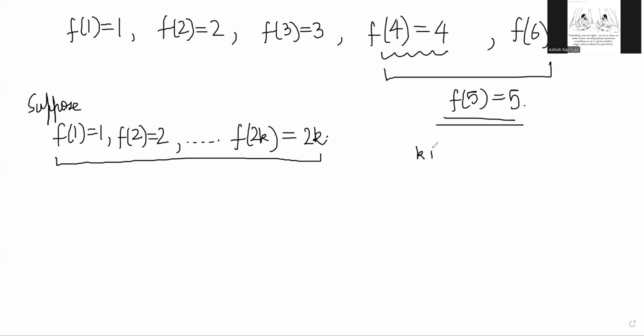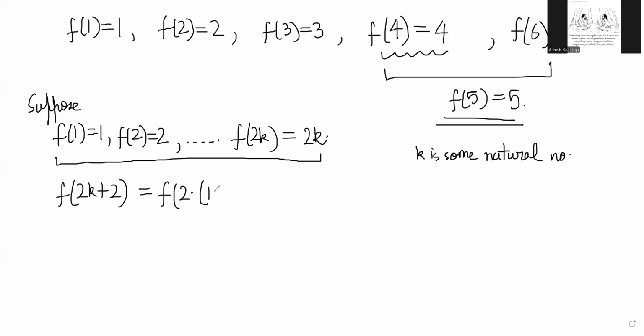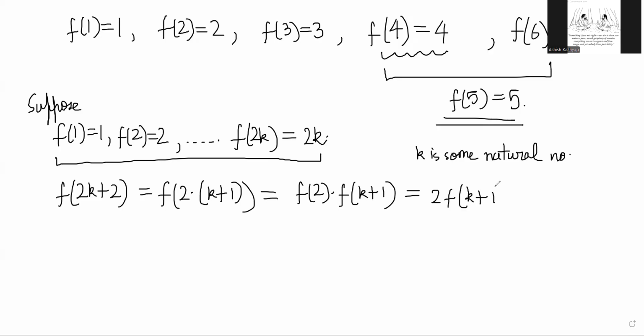And here k is some natural number. Then let's calculate f of 2k plus 2, which is equal to f of 2 times (k plus 1). Because of the multiplicative nature, this is f of 2 times f of k plus 1, and that is basically 2 f of k plus 1, right?